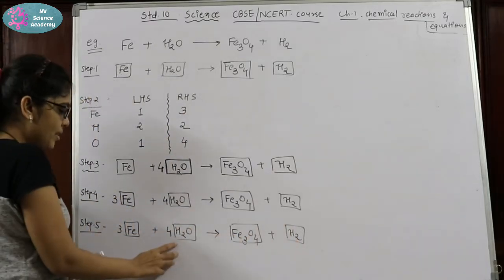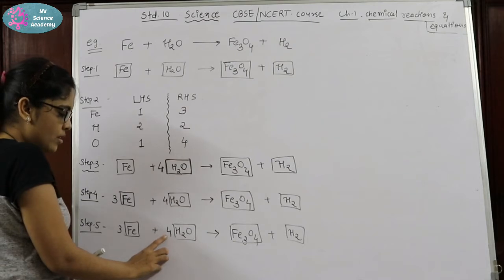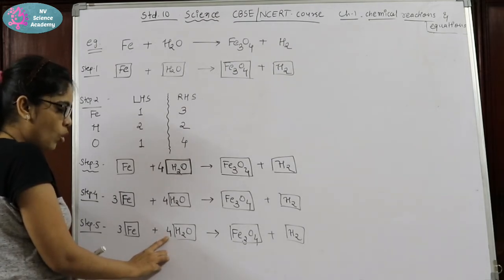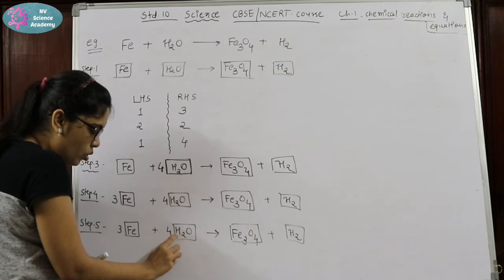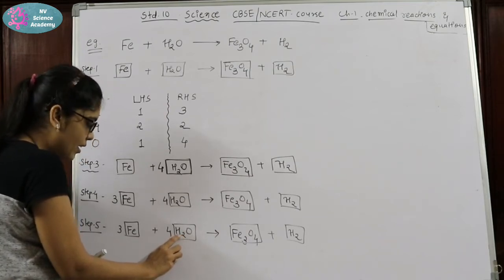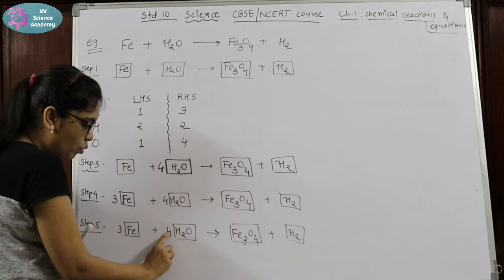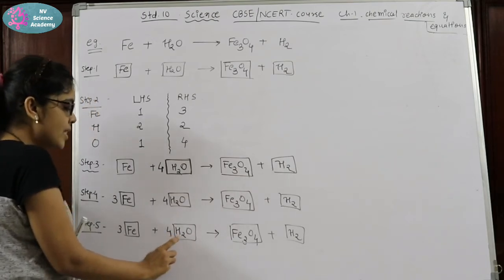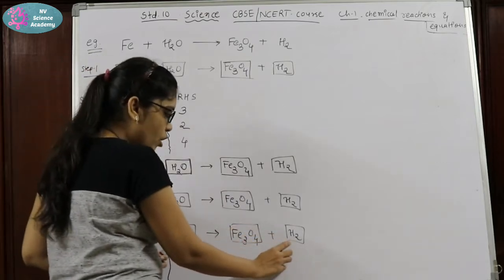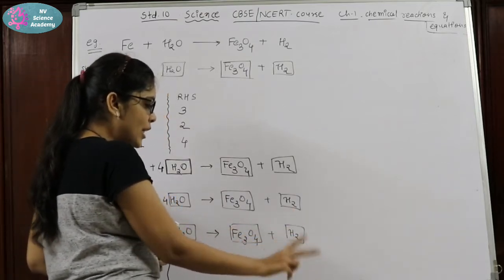You can see here 4 is used as a coefficient, so 4 is multiplied with 2, so the number of hydrogen atoms on this side is 4 multiplied by 2. It means the number of hydrogen atoms is 8 and here the number of hydrogen atoms is only 2.